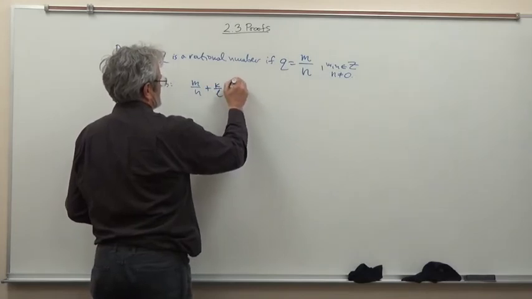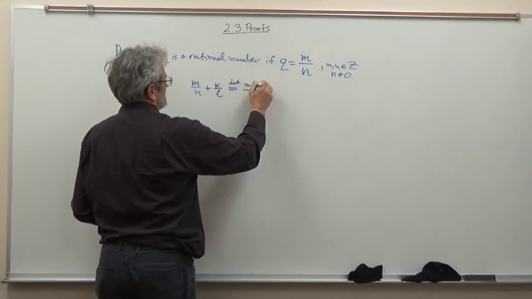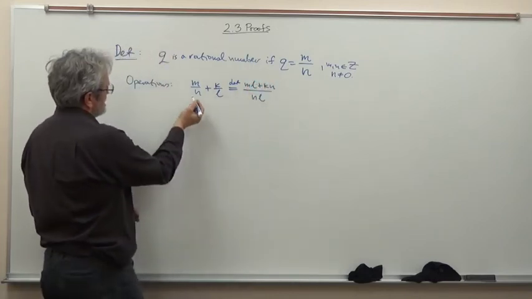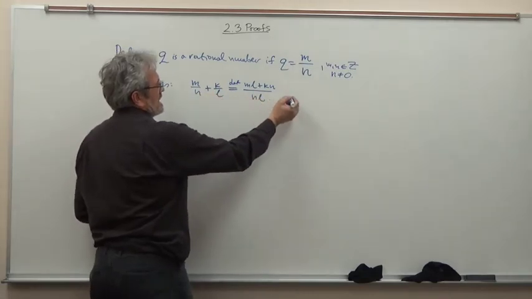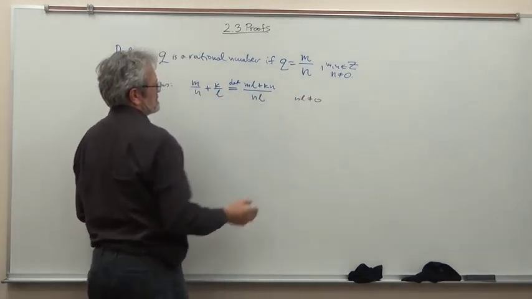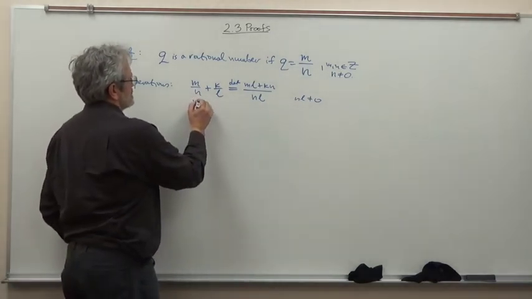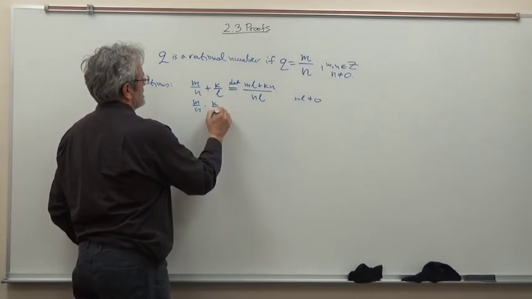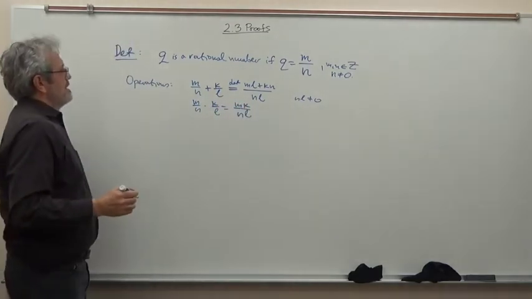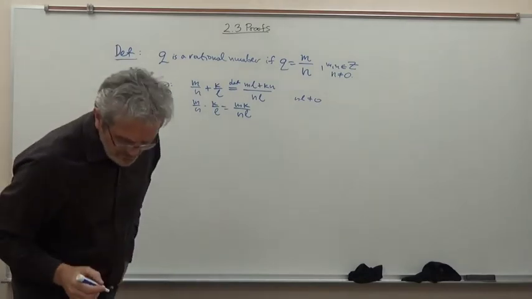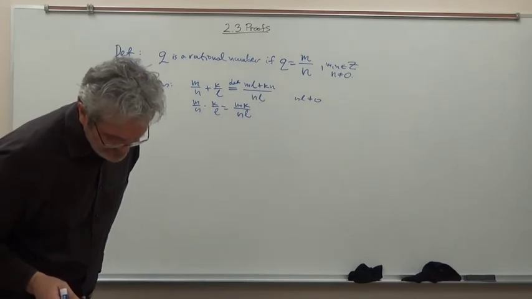By definition, this is not proof, you just cross multiply as you know, ml plus kn. And then it's important that since these two numbers n and l are both different from 0, you don't need to worry about it. Then you define how you multiply two numbers. And there are subtraction, and how do you divide, and so on.